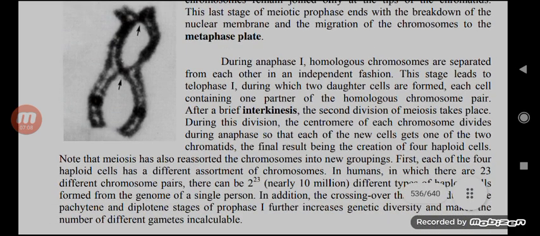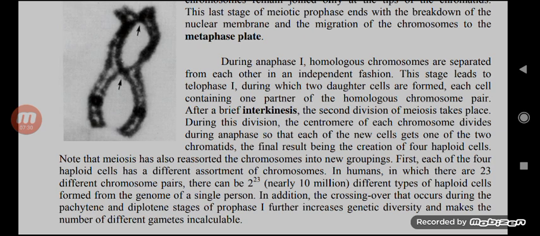During metaphase I, homologous chromosomes are separated from each other in an independent fashion. This stage leads to telophase I, during which two daughter cells are formed. Each cell contains one partner of the homologous chromosome pair.